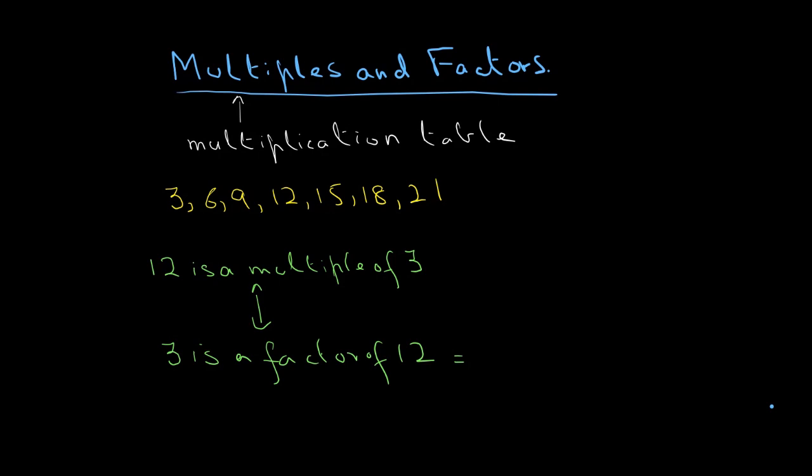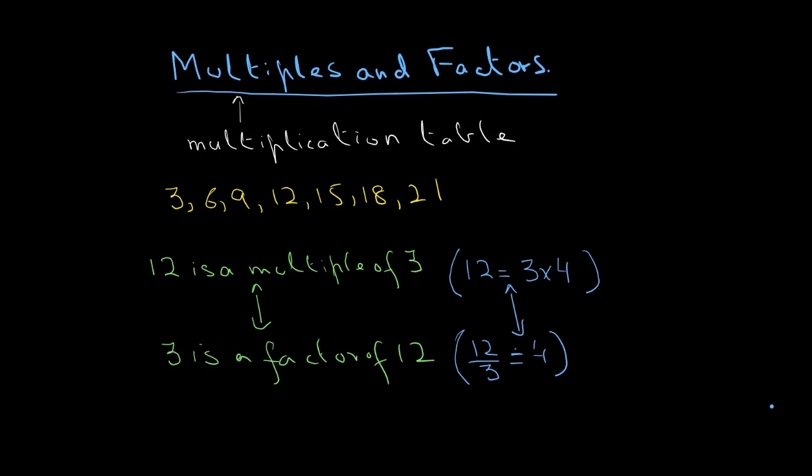Because 3 being a factor of 12 really meant that you can divide 12 by 3. So 12 over 3 is equal to 4. And 12 being a multiple of 3 really means that 12 is equal to 3 times 4. You know that these two statements are the same statement, given how division was defined.